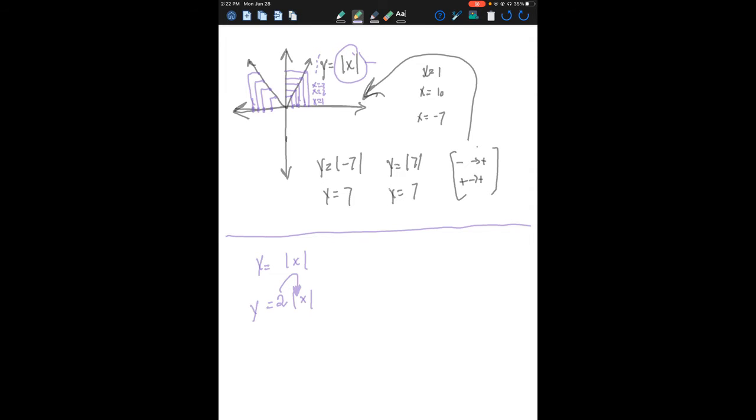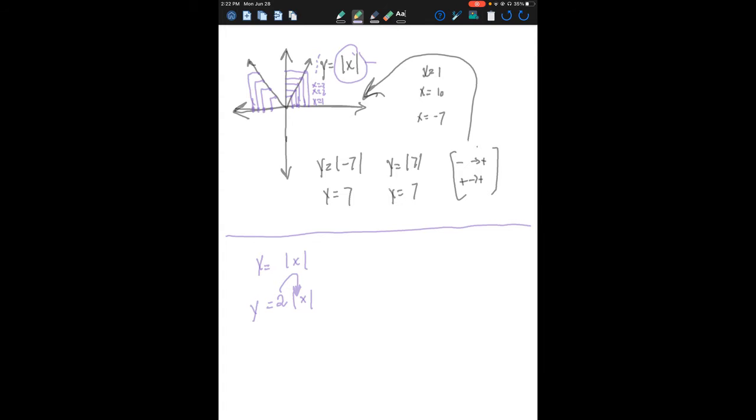From a graphical point of view, it means that you will be expanding your graph 2 times as much as before. And if you multiply by 1/2 instead of 2, you will be shrinking your graph half as much as before.